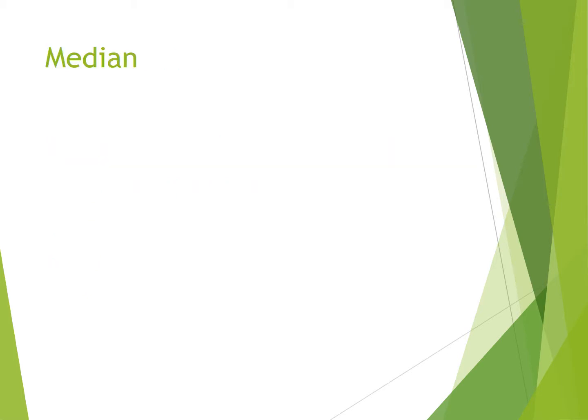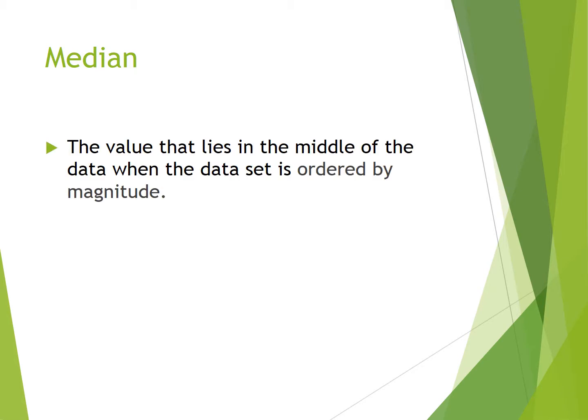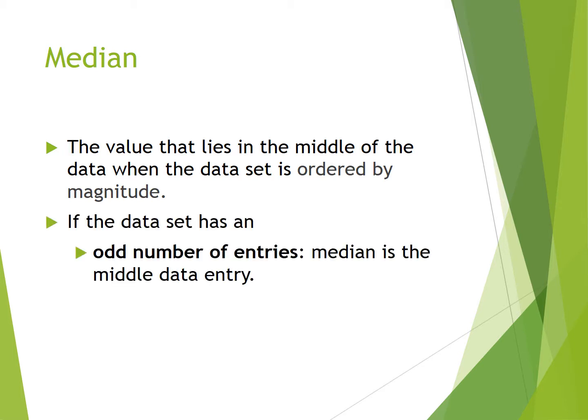The median is the next measure of center that we're going to look at. It's the value that lies in the middle of the data set when the data set's ordered from smallest to largest. If the data set has an odd number of values, for example 5, then the median is the actual middle data value in the ordered data set.